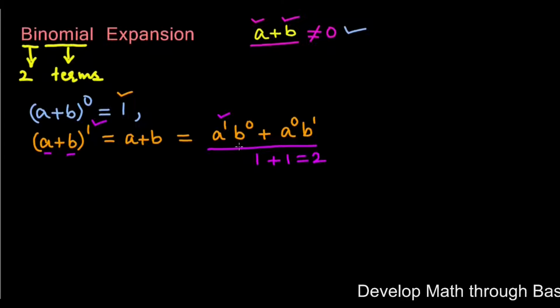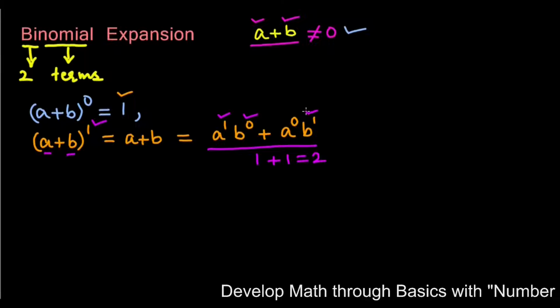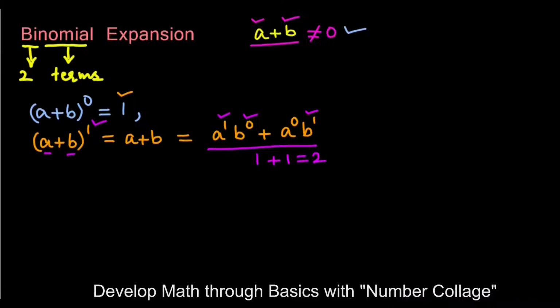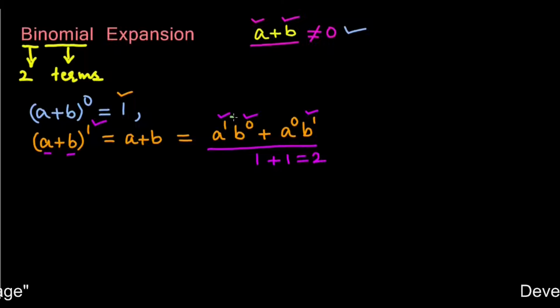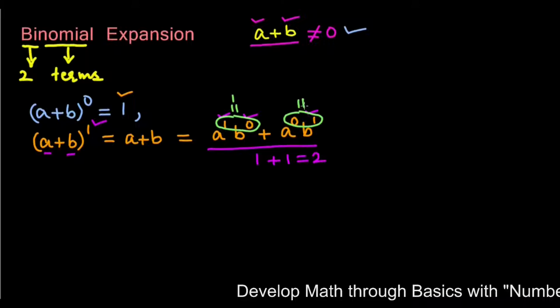In the first term, the power of b is 0. It has increased by 1 and become 1 in the second term. And the third thing that we observe here is that the sum of indices of the first and the second term in each term is the same. Here 1 plus 0 is 1, 0 plus 1 is 1.